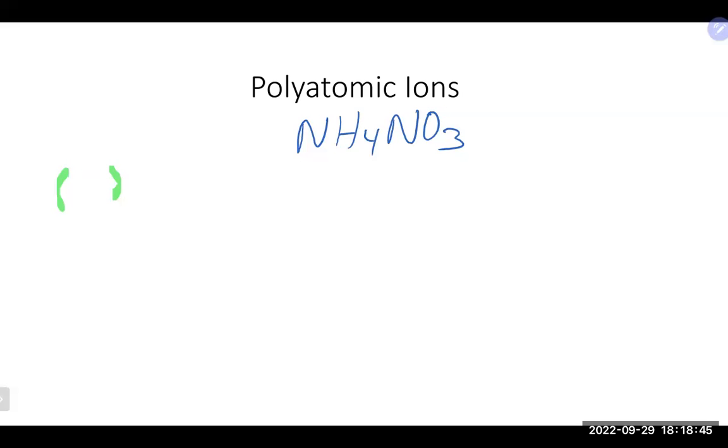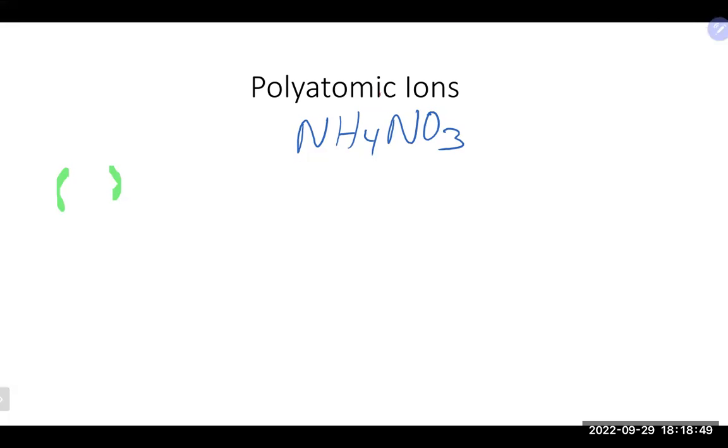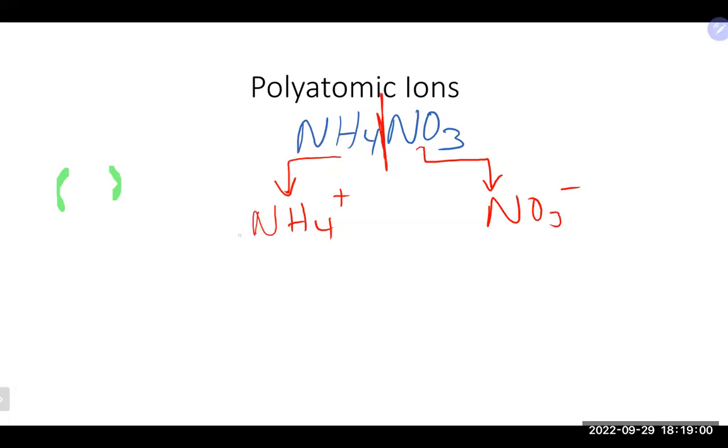We could break it up right there in the center of the 2. Coming this way, this would be NH4 plus, and coming this way, this would be NO3 minus. This 1 nitrogen and 4 hydrogens are all covalently bonded together. They stay together, and the overall thing has a +1 charge.